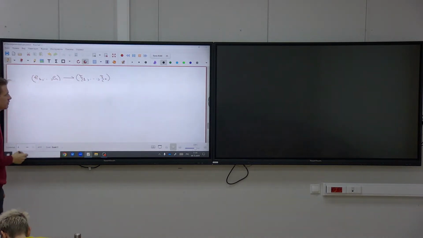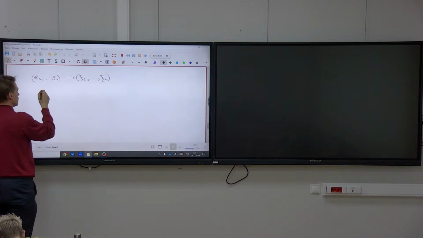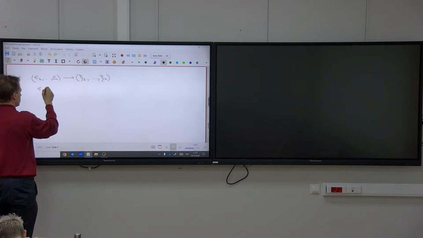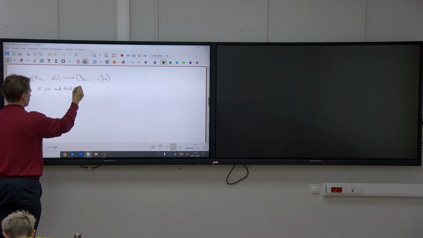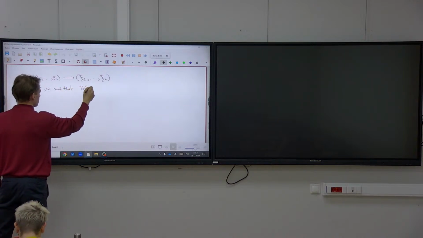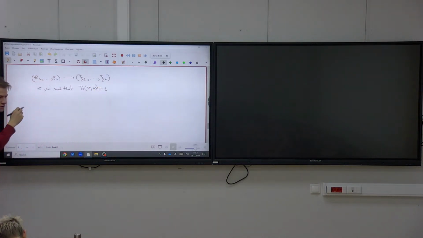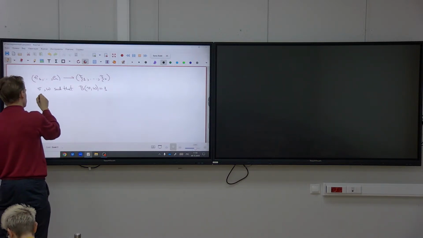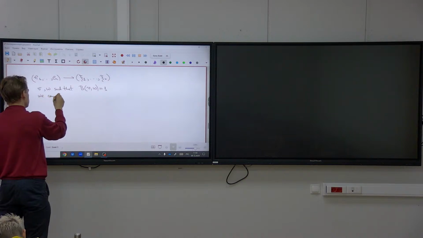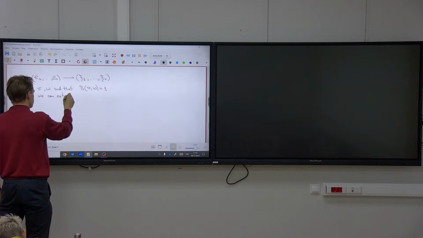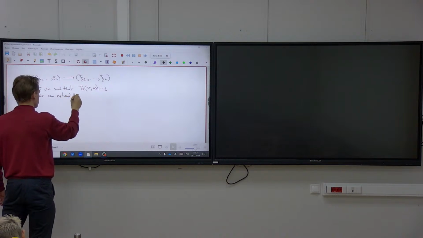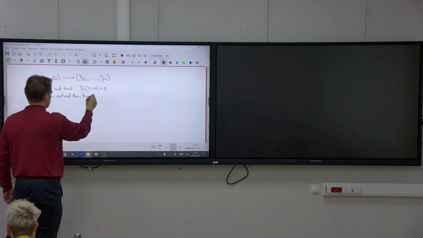Yeah, so if you start with two vectors v and w such that the bilinear form B(v, w) is equal to 1, you can extend them to bases.